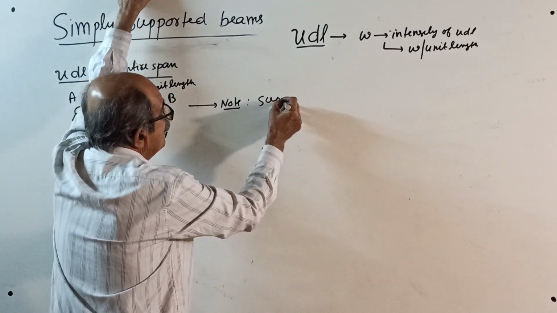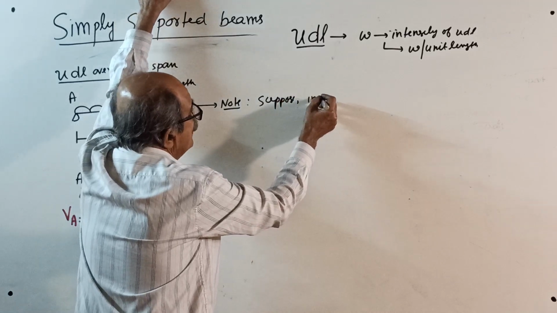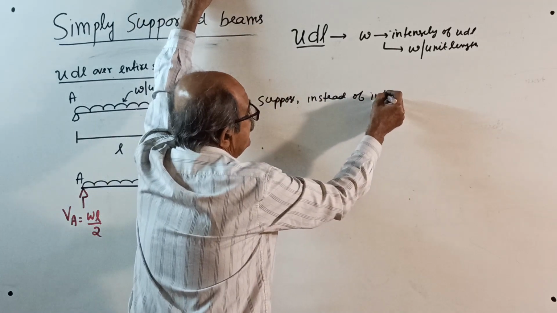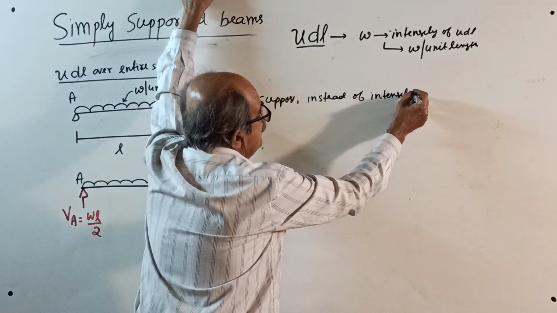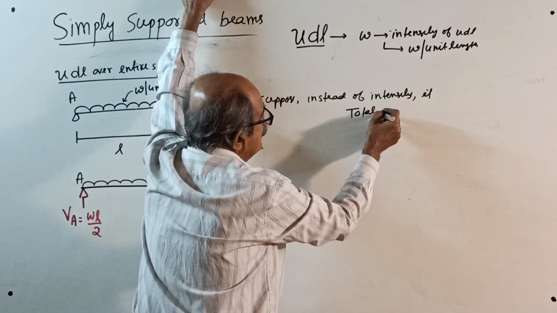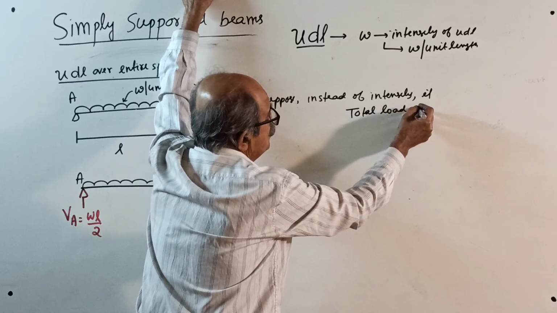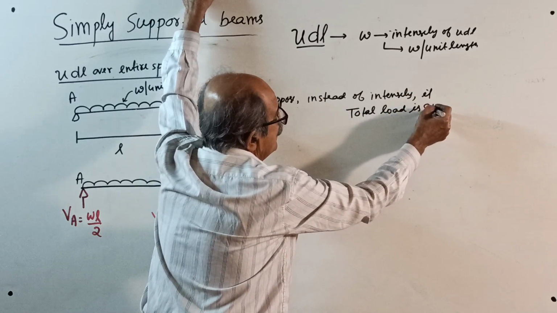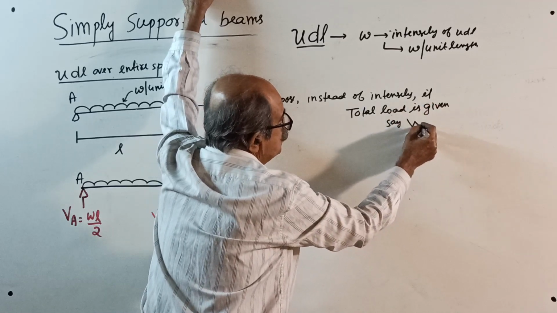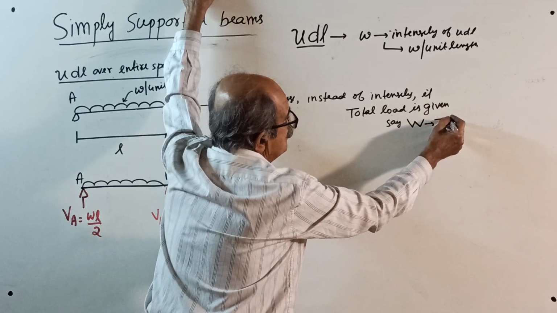Suppose instead of intensity, total load is given. This also I told you. How to get the answer? I already told earlier. Say W total. This is a total load.